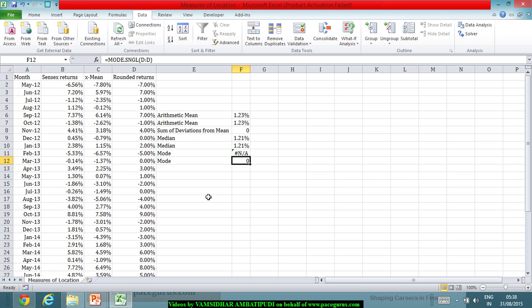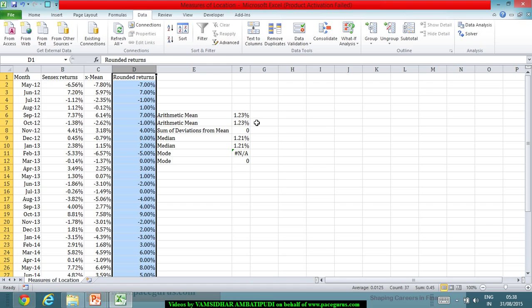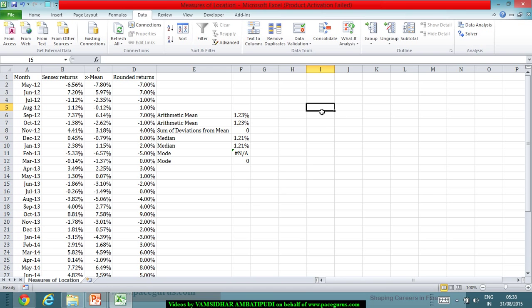I can do a frequency distribution. Now if I try finding out the frequency distribution for this rounded data, right? So let's try out the frequency distribution. -7%, -6%. I'm trying to find out how many times each of them is occurring in the data.